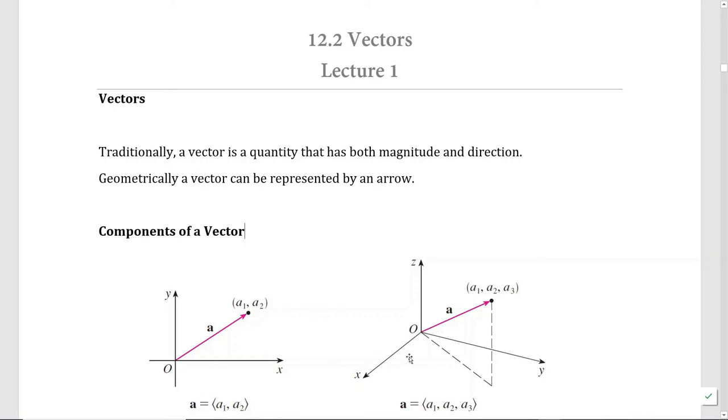In a similar fashion, if we have a three-dimensional Cartesian coordinate system and a point in space whose coordinates are a1, a2, a3, if we connect the point with the origin, a vector is obtained. So the vector has components a1, a2, a3. This is called a representation of a vector.